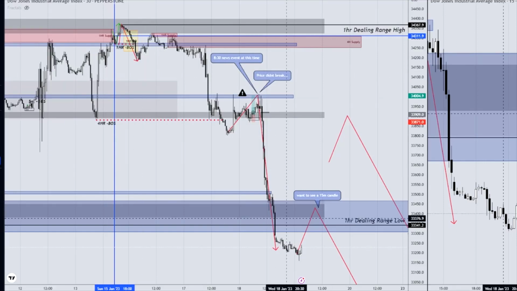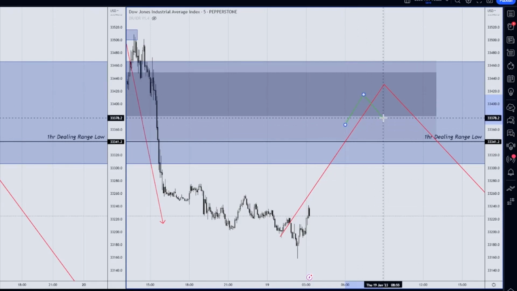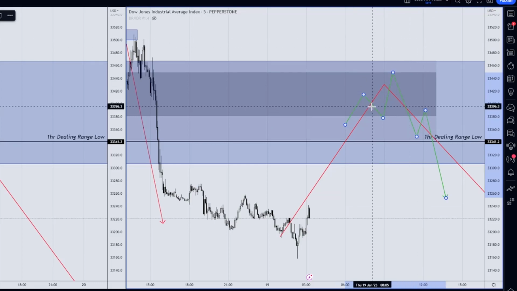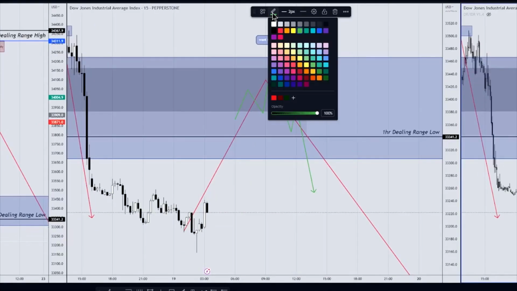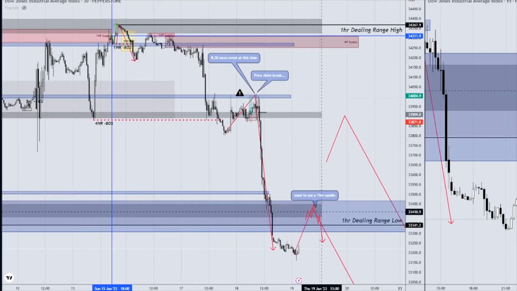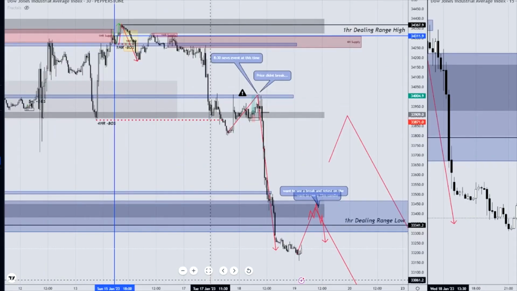So back over here, we want to see price coming up, form a new high, break this low by here, come up and retest, and go down. So we want to see a break and retest, I'd say, in this area on the 5 minute.